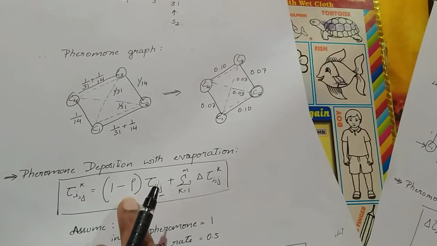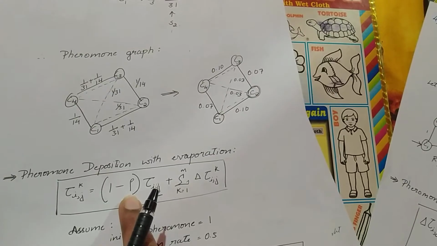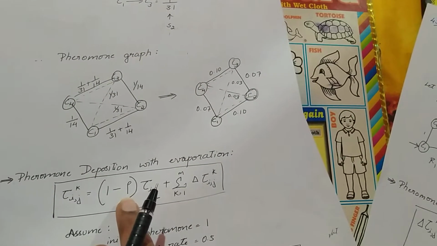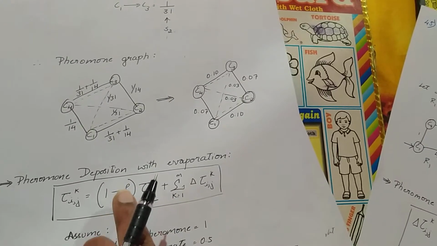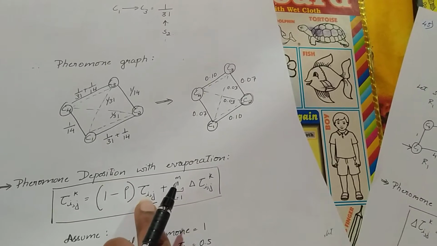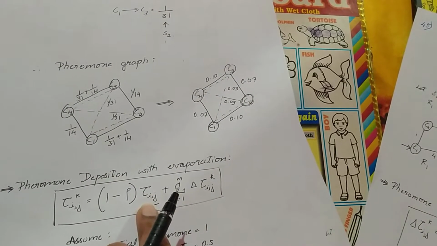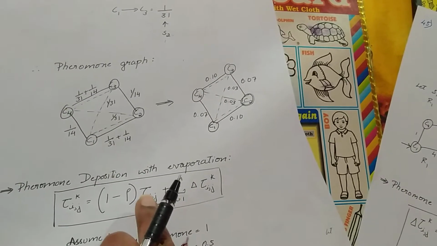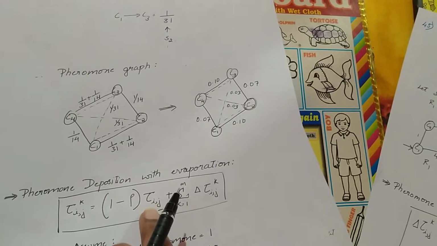We'll say that if 1 is the pheromone deposition on that particular edge, then half of it will be evaporated. So here the evaporation rate will be 0.5. And tau ij means the pheromone deposition between i and j, the initial pheromone deposition. That pheromone will be considered as 1, a constant.